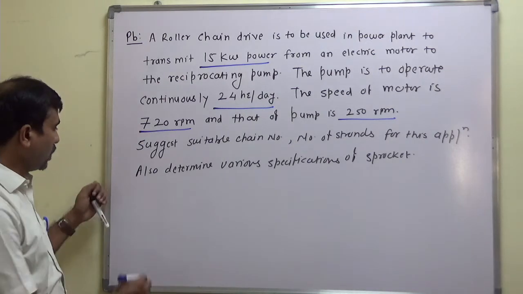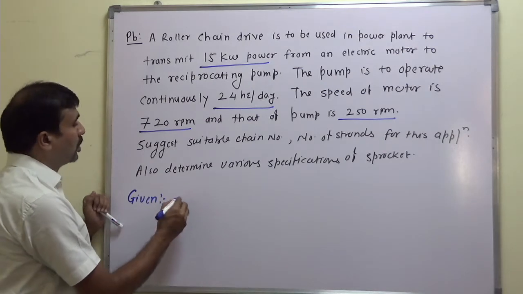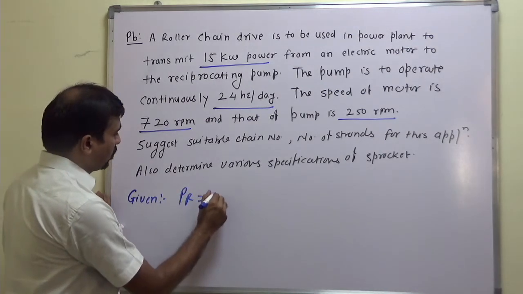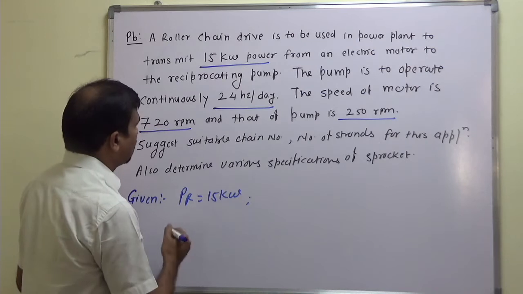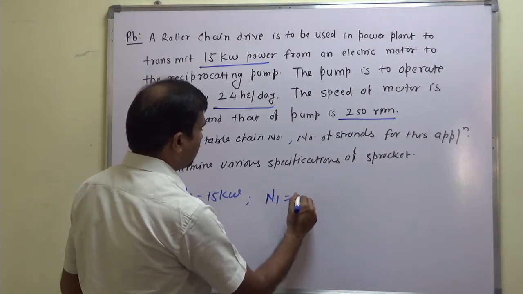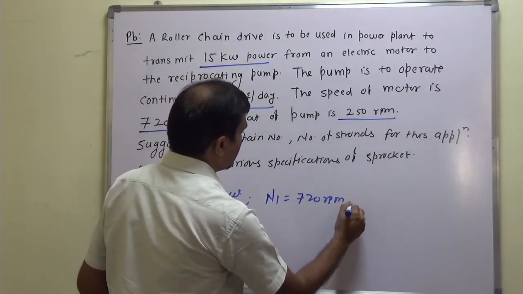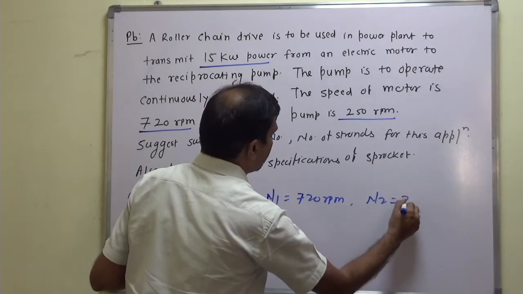Okay. So note down the given condition. Given is what? Rated power PR is equal to 15 kilowatt. Then speed of smaller sprocket, that is 720 RPM. Speed of larger sprocket 250 RPM.